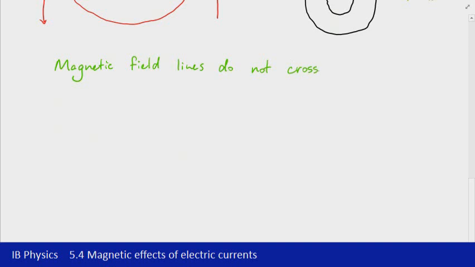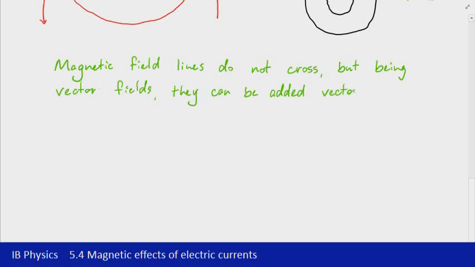Instead, if we had two fields produced by, say, two bar magnets, because they are both vector fields, that means that we can add them together to figure out the resultant field. So in some situations we might have two magnets in close proximity, and so we can add those two using vector addition, and that will produce the resultant field in that region.